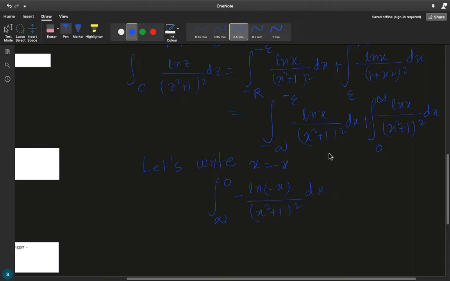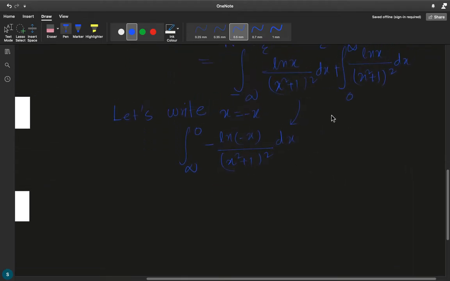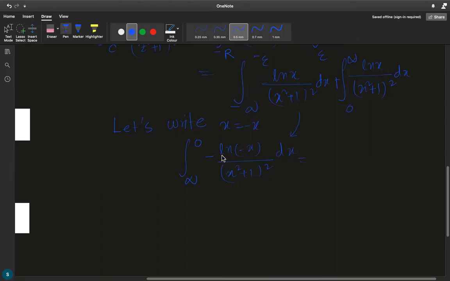Since there is a minus, I can change the limits to 0 to infinity of ln of minus x by (x square plus 1) whole square dx.